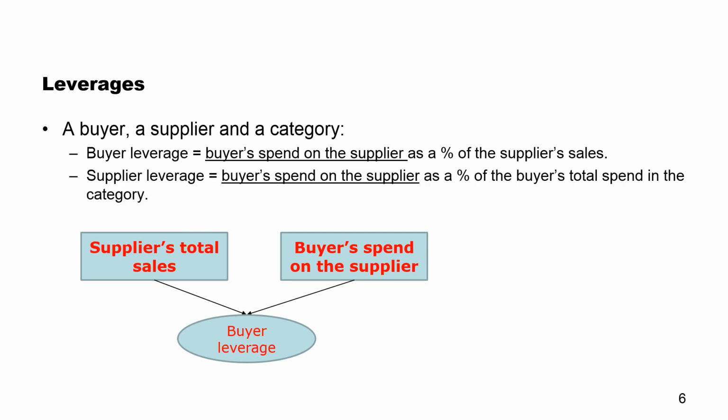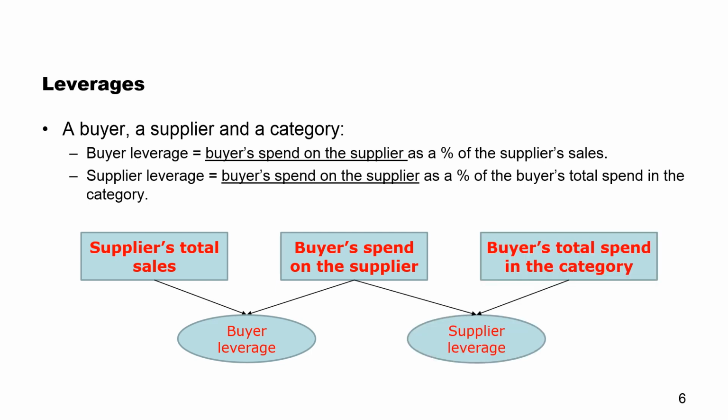The supplier's leverage is the buyer's spend on the supplier as a percentage of the buyer's total spend in a category, or equivalently, the supplier's contribution to the buyer's category. The bargaining power index, BPI, is defined to be the ratio between the buyer's leverage and the supplier's leverage.